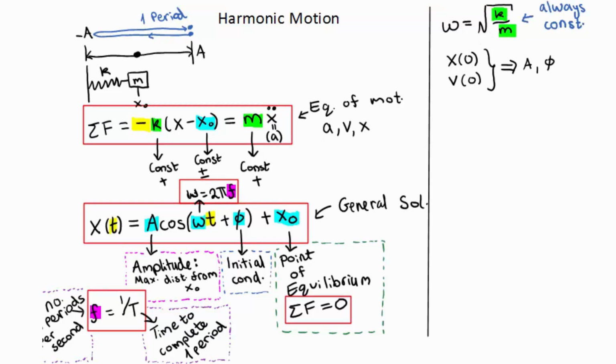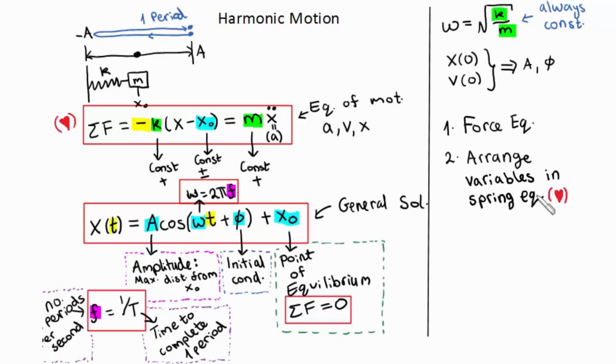So to sum up, how to work out questions dealing with harmonic motion. The first thing that we do is write the force equations. Once we've written that, we sort out all of our variables into this format for the equation of motion when dealing with harmonic motion. Then after we've done step number 2, we write out our general solution, so we solve for x of t.